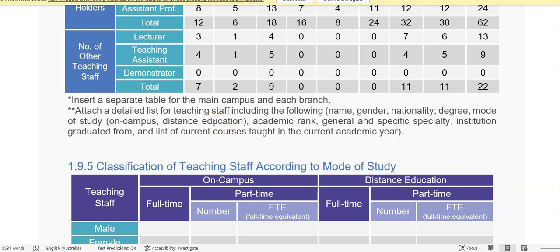They want to see that the specializations fit with the program, the scientific fields. They are from different cultures, different countries, different universities. So it will be all in this list that you have to attach.